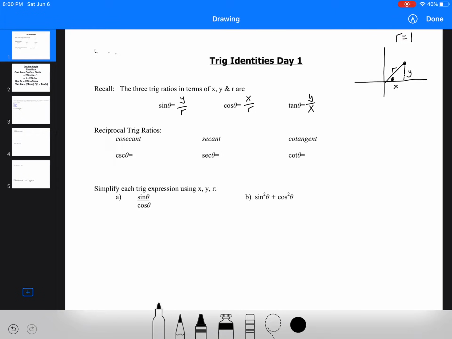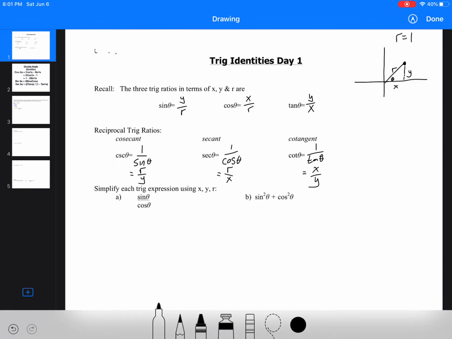This is 1 over sine, or r over y. This is 1 over cos, or r over x, and this is 1 over tan, and that is x over y.